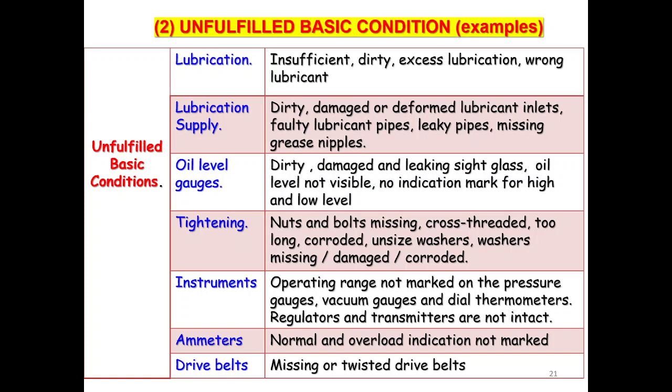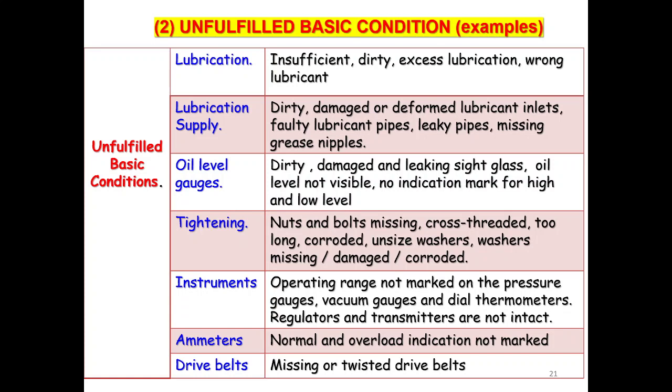for monitoring. Tightening of nuts and bolts should be proper. Nuts and bolts missing at some places, they are cross-threaded, some too long, corroded, washers missing, damaged or corroded. Another important thing is that the instruments should be made available and intact at required places. Abnormalities are operating range not marked on the pressure gauges, vacuum gauges, and dial thermometers.